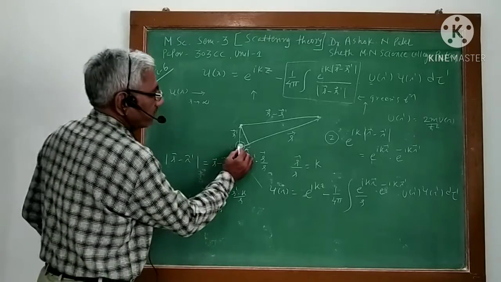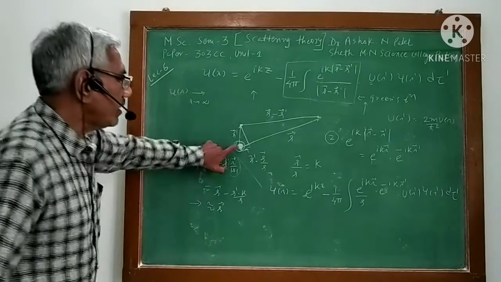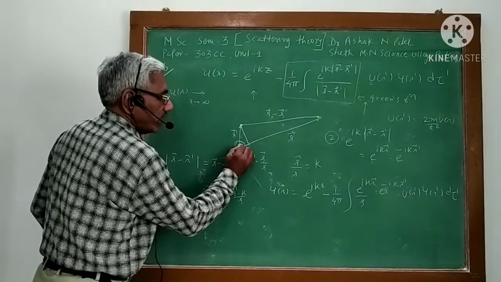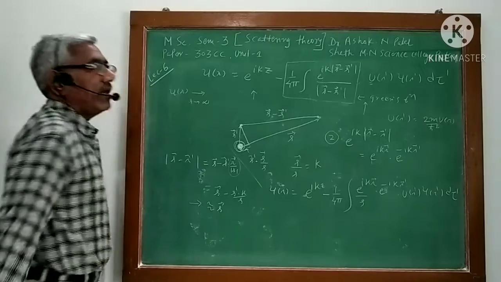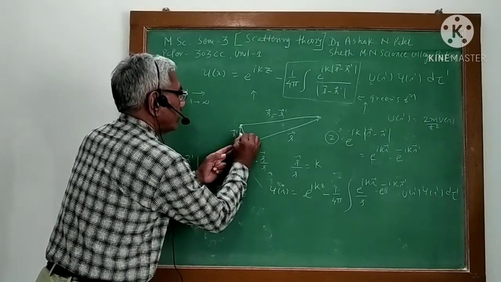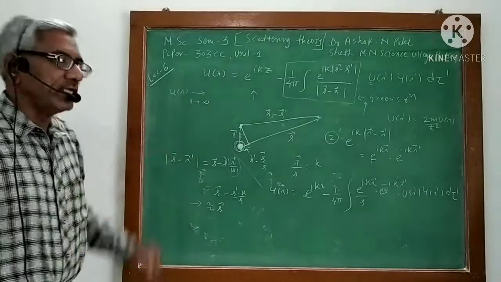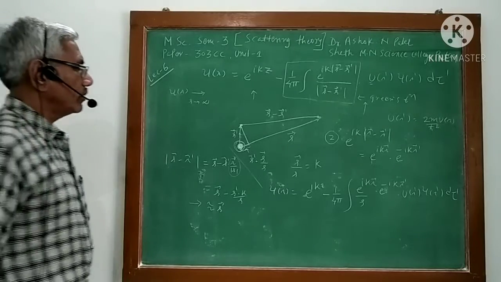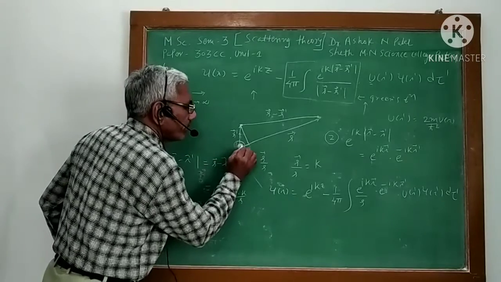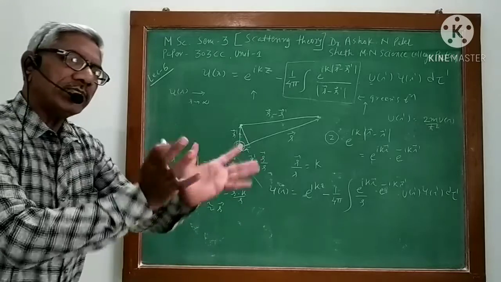so now here near this target or near the target particle, whatever potential is there, it will be very large. But as soon as you move away from this target, its potential decreases. Okay, so just try to understand that if there is some target position, there is some charge there.